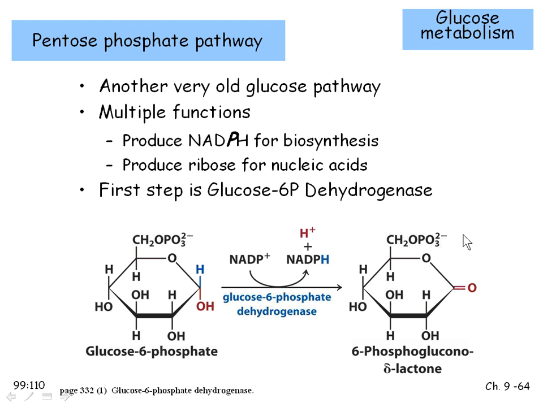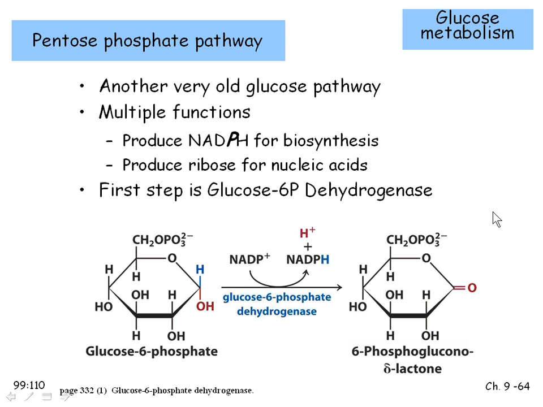Now we're going to talk about, I think, the last major carbohydrate pathway that we're going to talk about, which is the pentose phosphate pathway. And the pentose phosphate pathway is also very old, perhaps older than the top half of glycolysis. And it does a lot of different stuff.